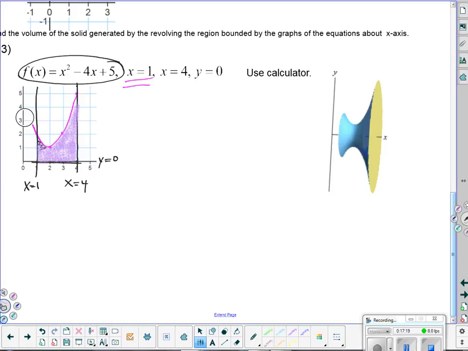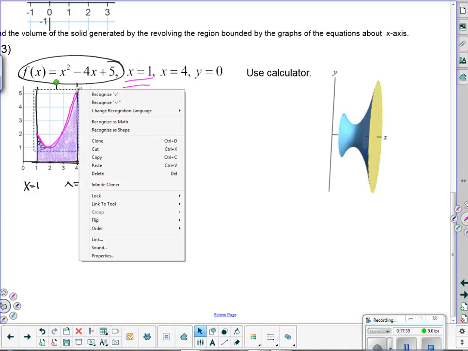I'm going to get rid of this extra stuff right along there. Now we're going to revolve this, reflect this over the x-axis. So just imagine this flipping over, and I'm going to flip mine.